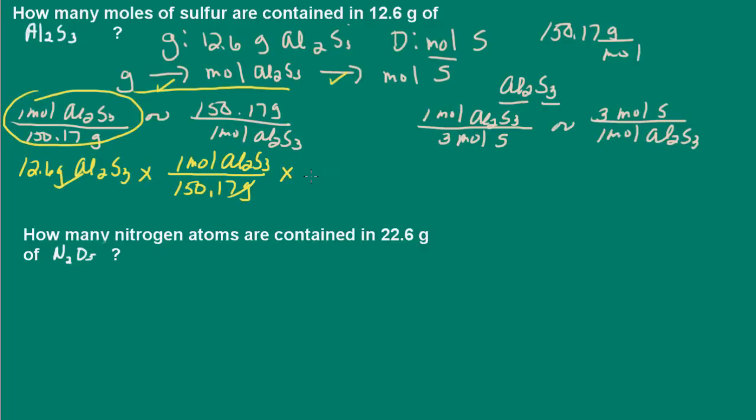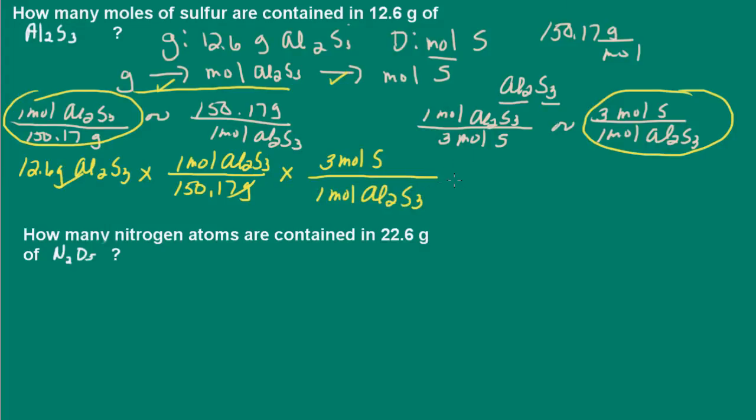So now I want to go from moles of aluminum sulfide to moles of sulfur. So again, I want to cancel out moles of aluminum sulfide, so I'm going to use this conversion here. So we have 3 moles of sulfur and 1 mole of aluminum sulfide.